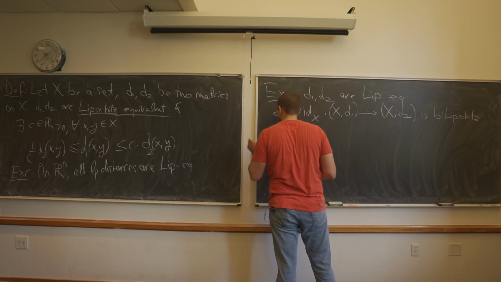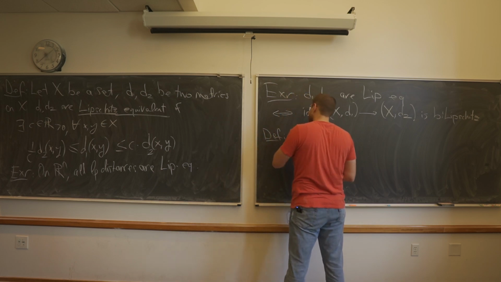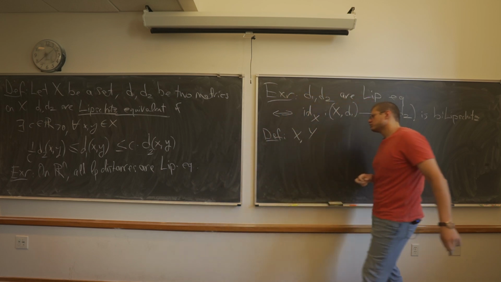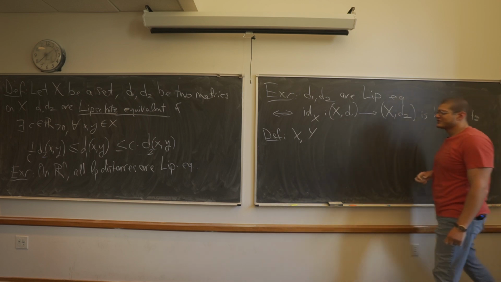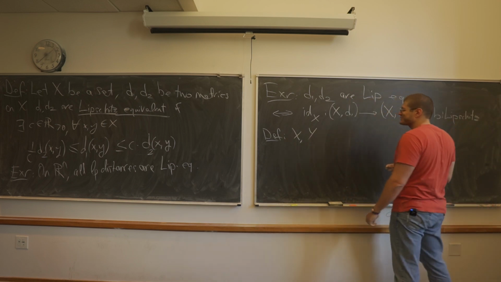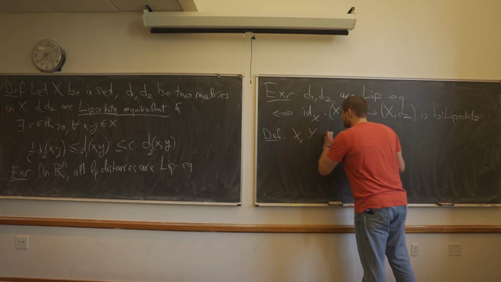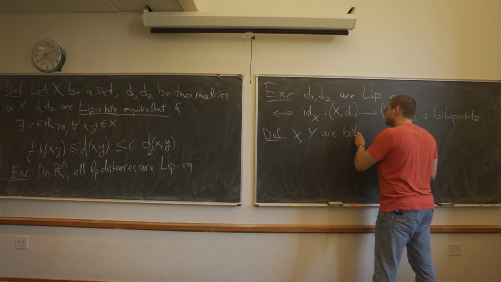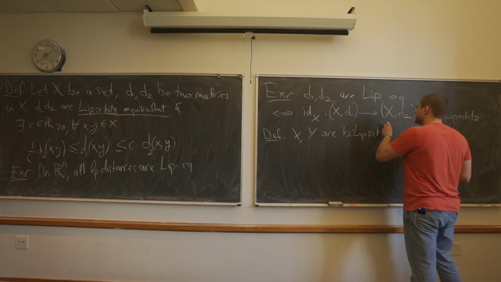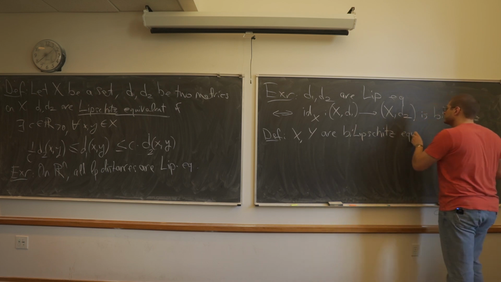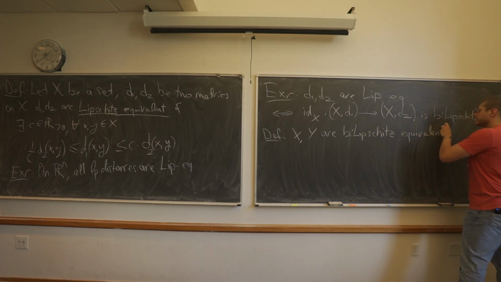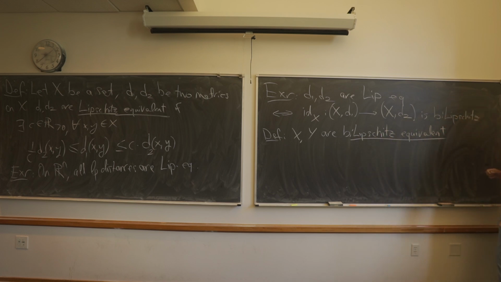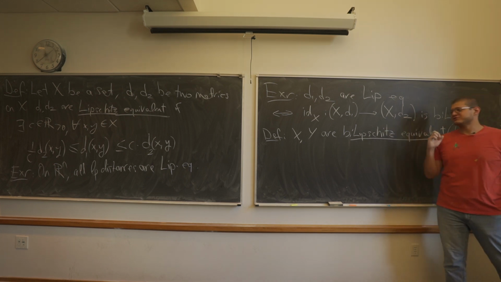Okay. Another definition, slightly more general. X and Y are called biLipschitz equivalent, or lipeomorphic is a word that some people use. So somehow they have the same Lipschitz structure.